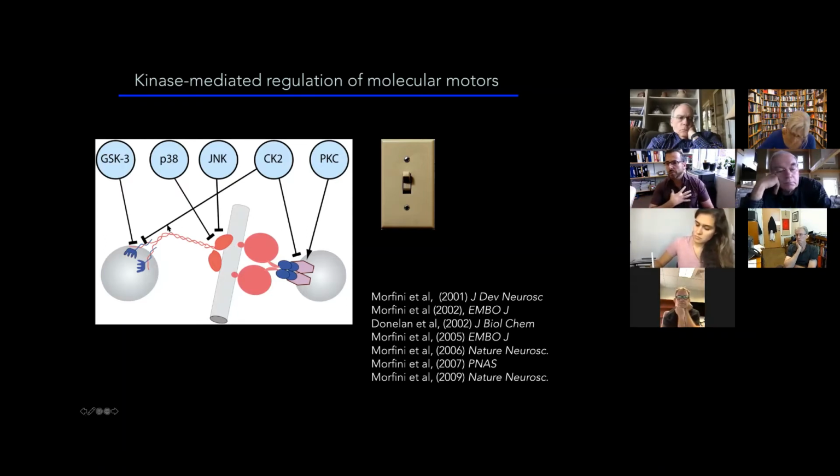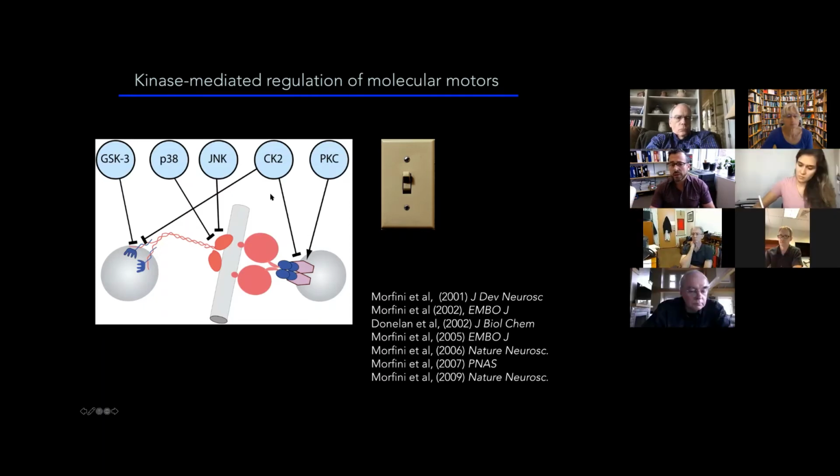For us, this was very important because, as I mentioned in the introduction, by the time I got these results, I had already published a lot of work showing that different protein kinases affect the activity of these motor proteins. So here's a number of them. I'm not going to have time to describe each one, but what you need to remember is that each protein kinase affected a selected subunit of these motor proteins.